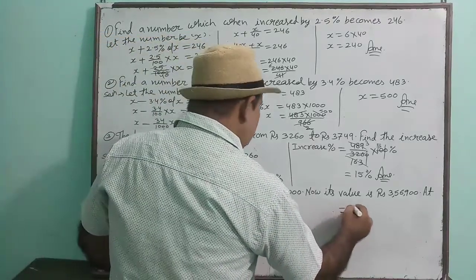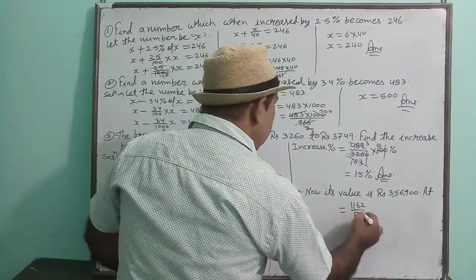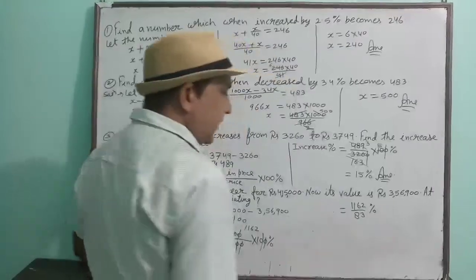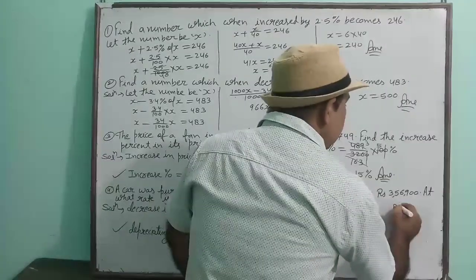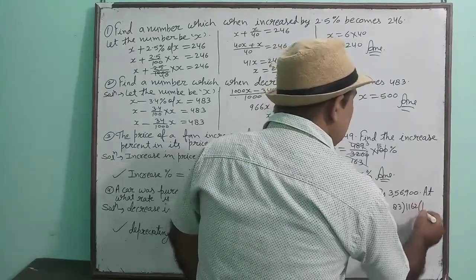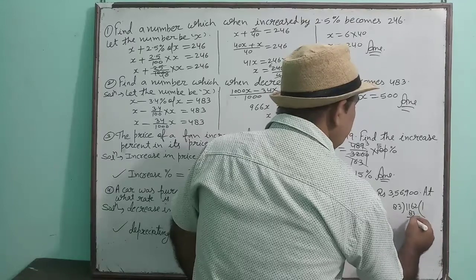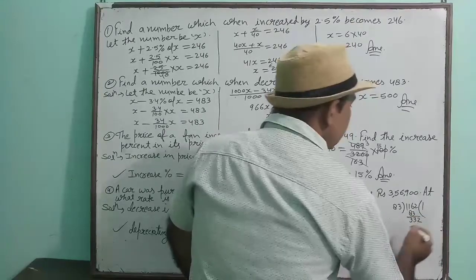Now you have 1162 upon 83%. Now divide and get your answer. 83 is dividing 1162. So take 1 times, 83. Okay.